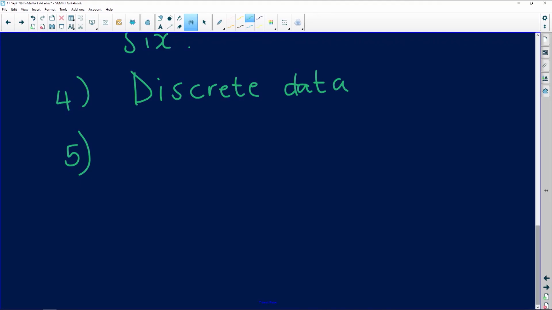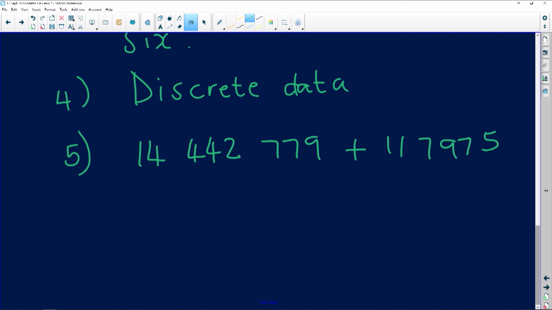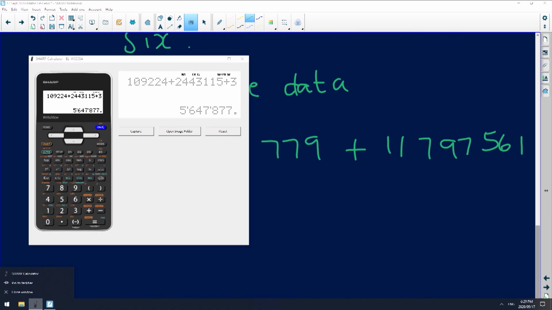Males, 11,779,561. I'm going to add those 2 numbers together, and I am going to use a calculator. So they want to see you adding those 2 numbers, 14,442,779 plus 11,797,561.